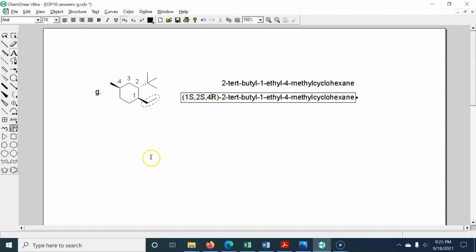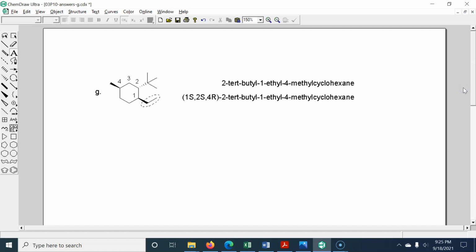Now I just want to make sure that it is R. Priority number 1, priority number 2, priority number 3, clockwise. Again, if you haven't gotten into stereochemistry or studied it very well, you may not know how to do this just yet, but you will. Stereochemistry is a very big part of organic chemistry.